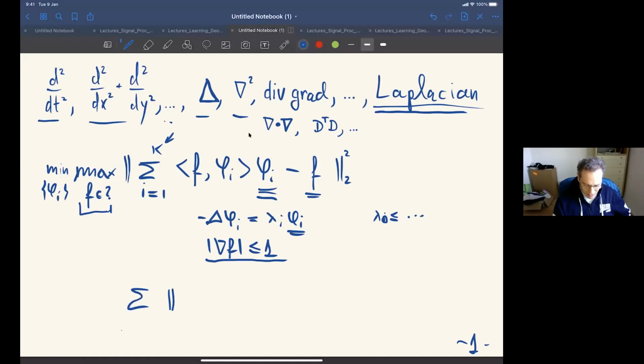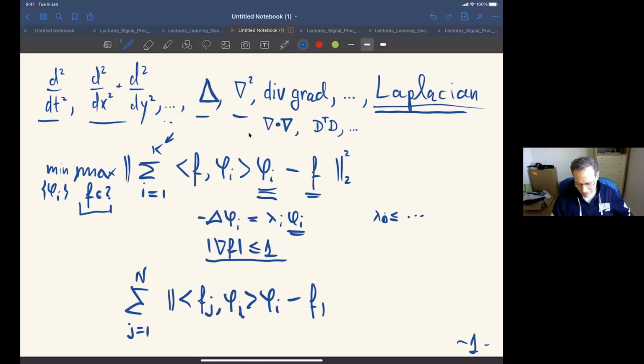So now this family of functions, let me write them as some index that runs between 1 and capital N, is a set of functions, and I would like to project my functions onto a different basis, okay? And so this would be a different basis. And I would like it to have the best possible error, say in L2.